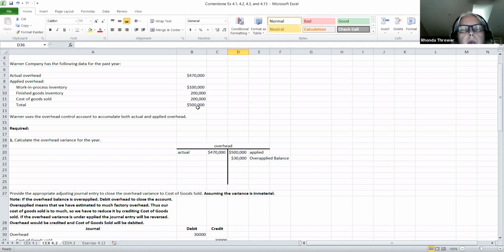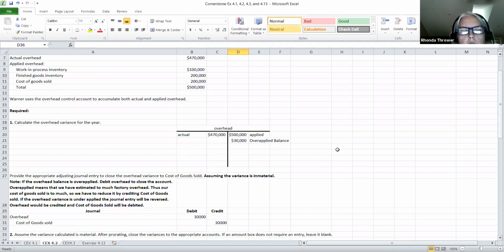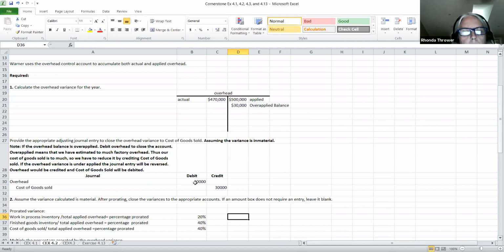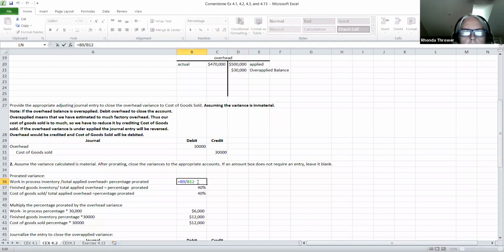So if we're prorating this, we're going to start with our work in process inventory. We're going to take the balance of 100,000 and divide it by our total applied overhead, which is 500,000. That will give us 20% as the work in process percentage. Notice I took cell address B9 and divided it by B12, and that gives you 20%.